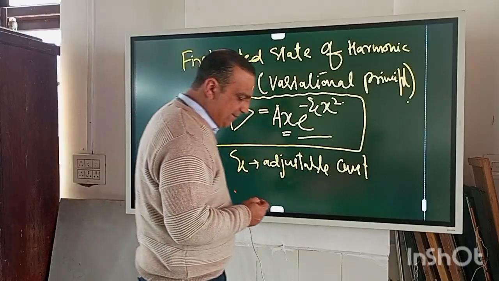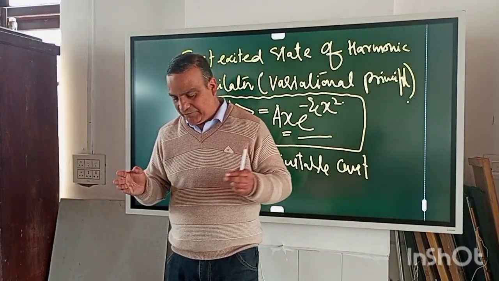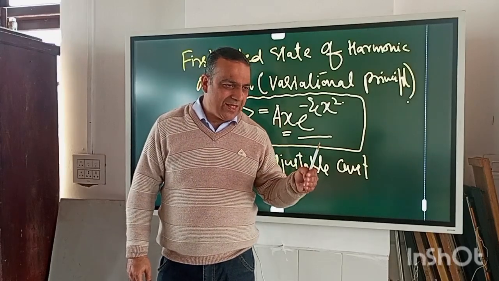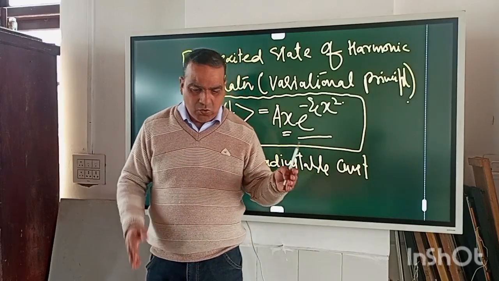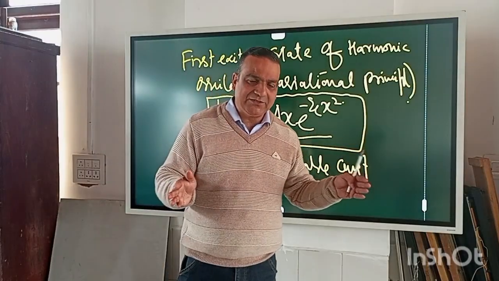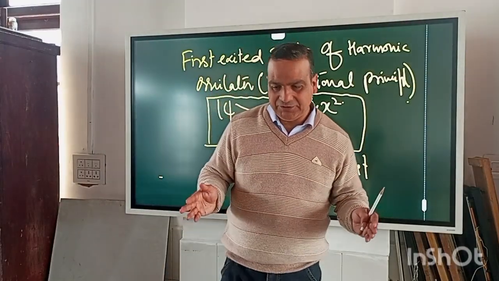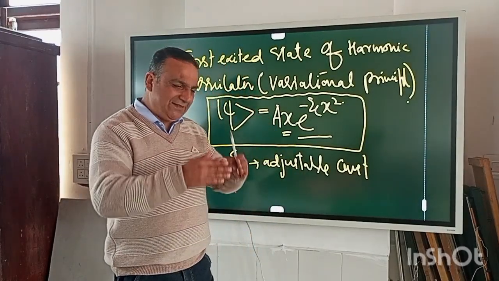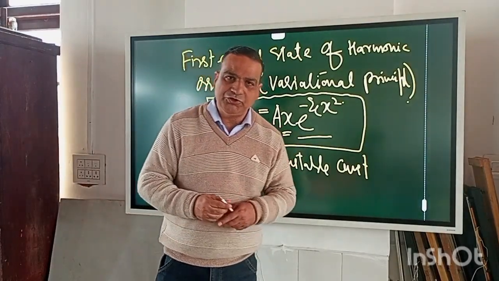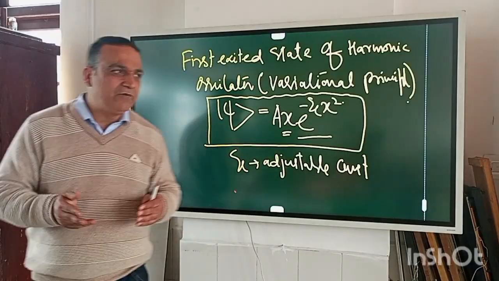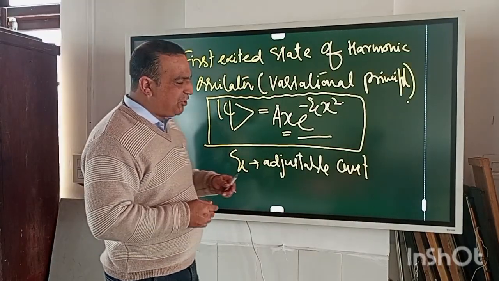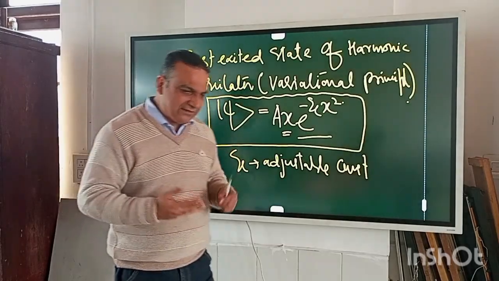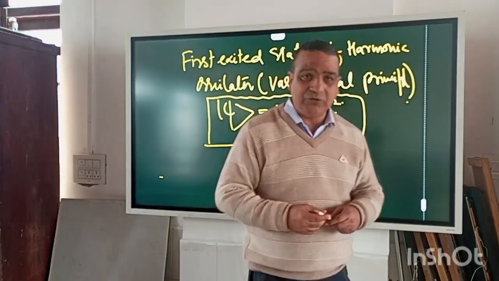Now, if we go back to the ground state of the harmonic oscillator, we were talking about an even function. Even function means when you replace x by negative x, the sign of the overall wave function should not change. If the sign of the overall wave function changes by changing the sign of x in our trial wave function, then this wave function has to be an odd function.